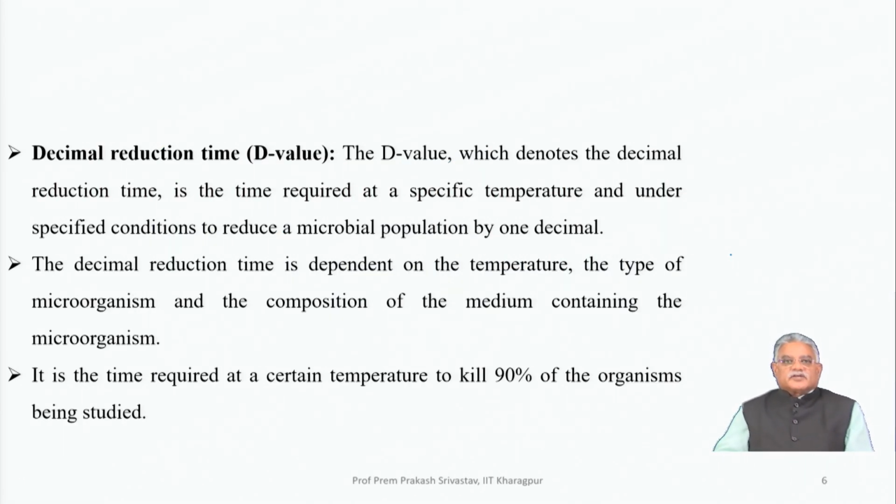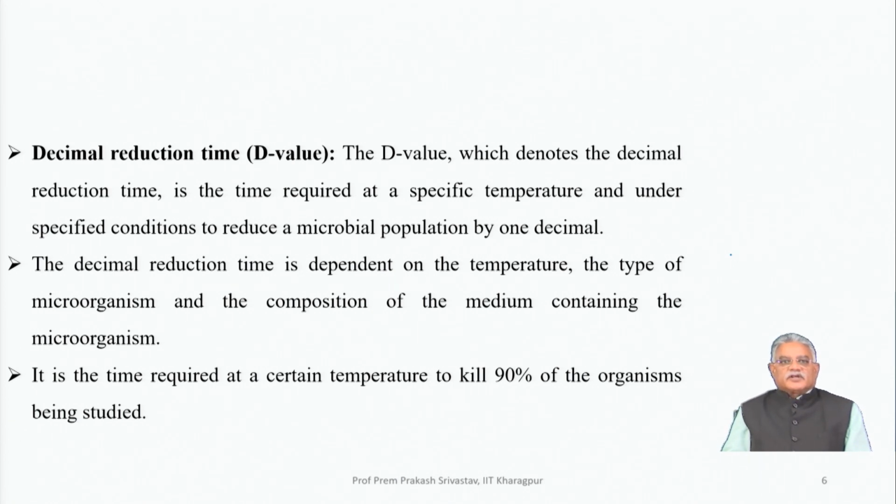Now, decimal reduction time, that is D value. The D value, which denotes the decimal reduction time, is the time required at a specific temperature and under specified conditions to reduce a microbial population by 1 decimal.